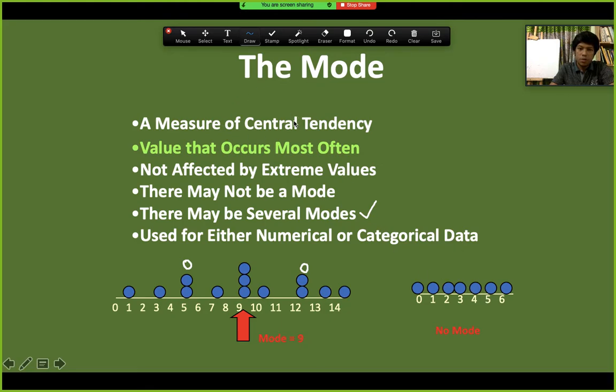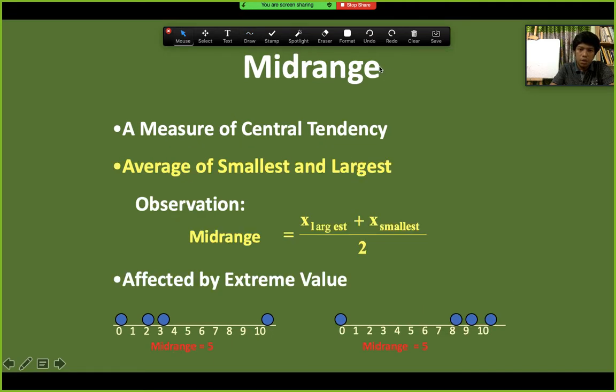So this is also a good measure of central tendency, because the central value actually occurs the most in a usual case. Mid-range: to find the mid-range, you take the maximum and minimum and divide by 2. Of course, it is affected by the extreme value.